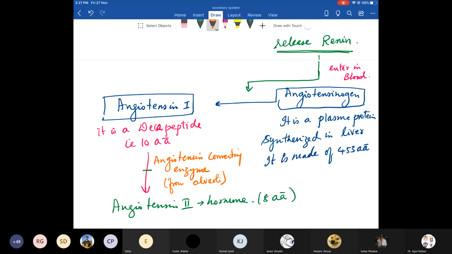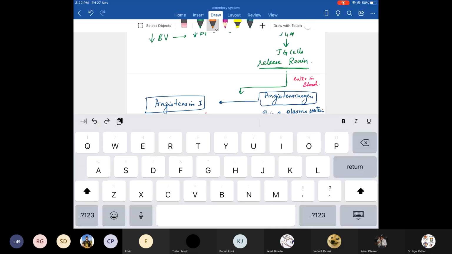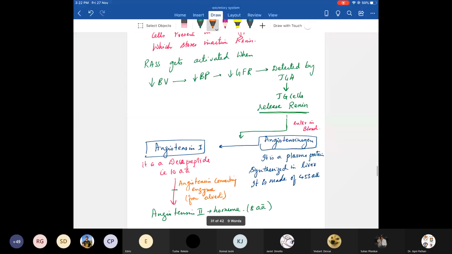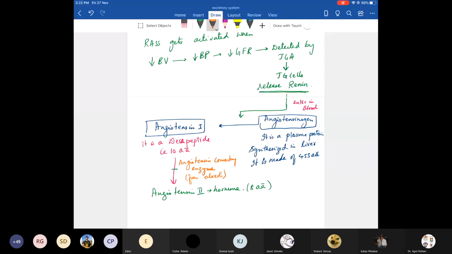Now, when there's a decrease in blood volume, there's a decrease in blood pressure, which will lead to decrease in GFR. When the GFR decreases, this is detected by the juxtaglomerular cells that release renin. Renin is an enzyme.